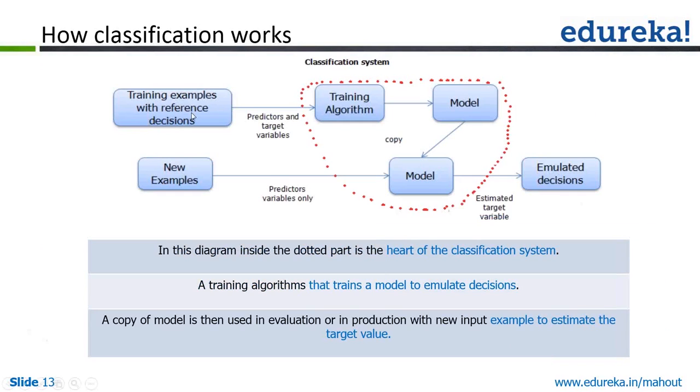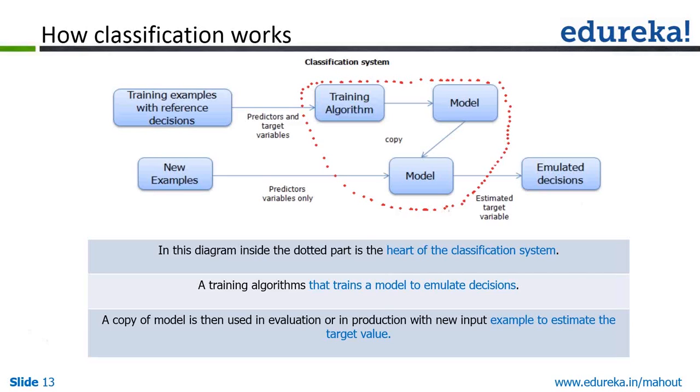So you have the training examples with reference decision, and we will discuss predictors and target variables. Target variables are like your outputs, and predictors are what can affect your output. Based on these two, you will define these parameters, and your training algorithm will be in place. Your algorithm will learn based on these parameters from the system, and then it will create a model.